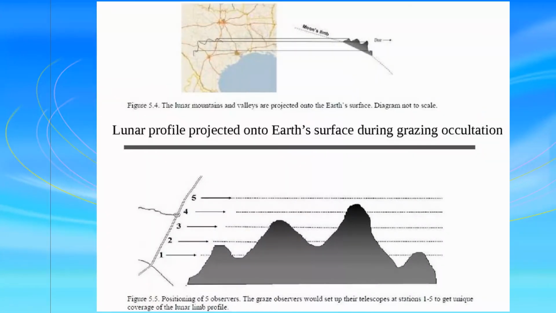This just shows a schematic from the graze observer's handbook, or the IOTA occultation observer's manual that Richard Nugent has put together. Unfortunately, the graphics don't really show up very well through this.